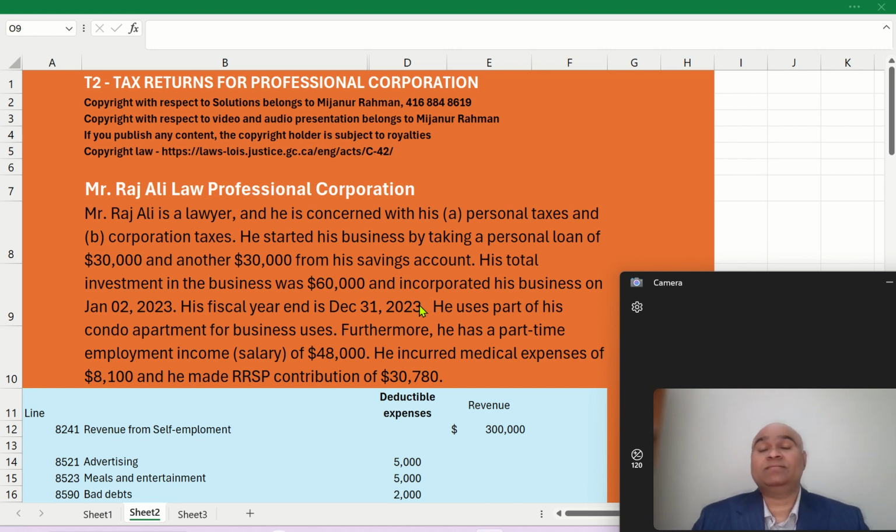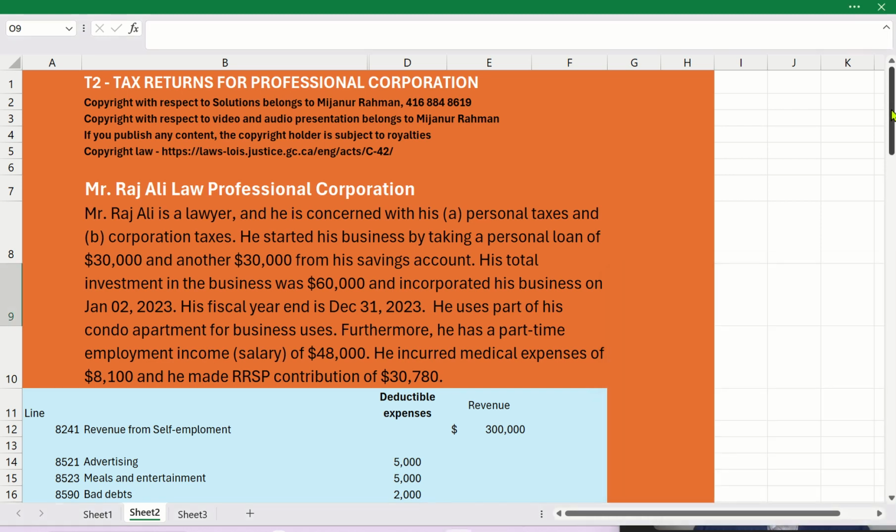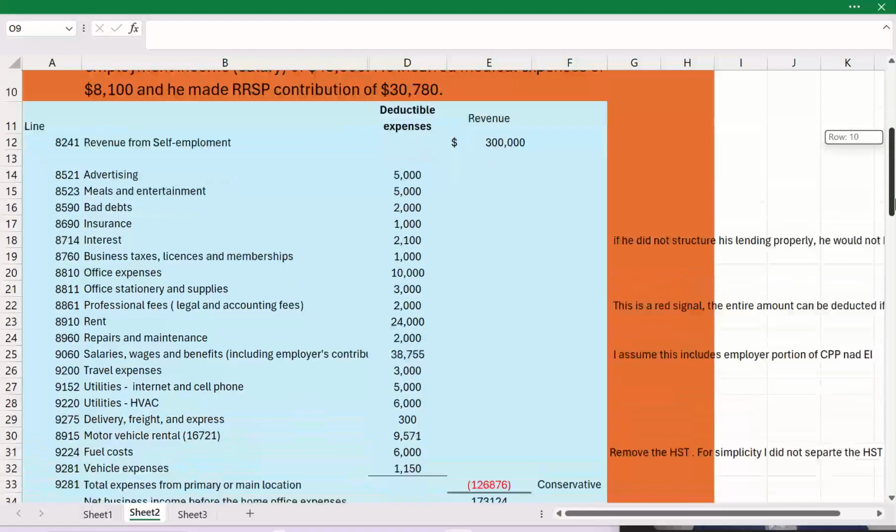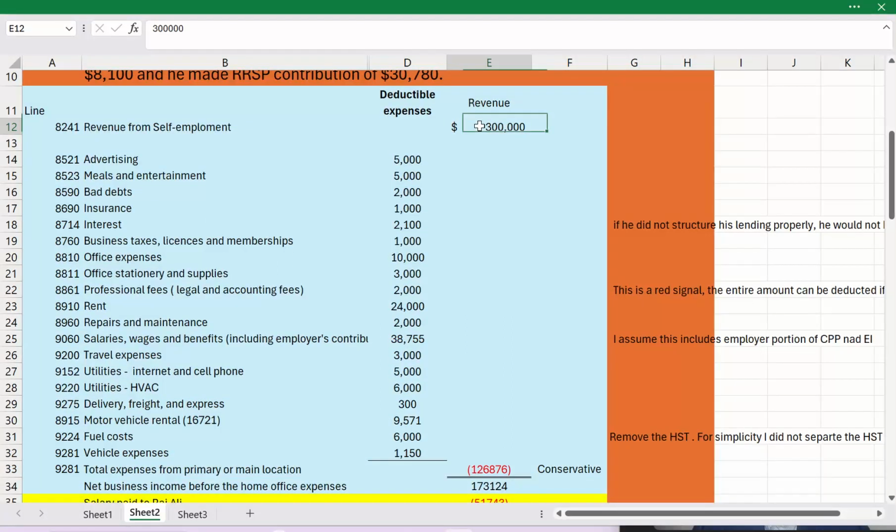But anyway, this is the scenario right here. And I'm going to show you the revenue, and the line I chose for that is different. You could switch. You could place the code line based on the description.